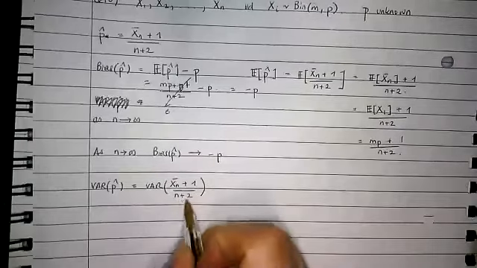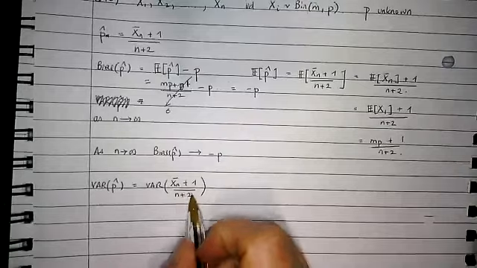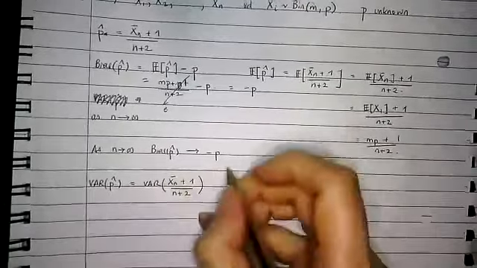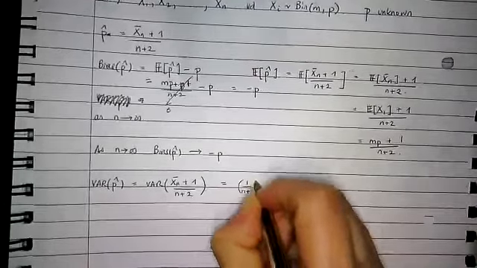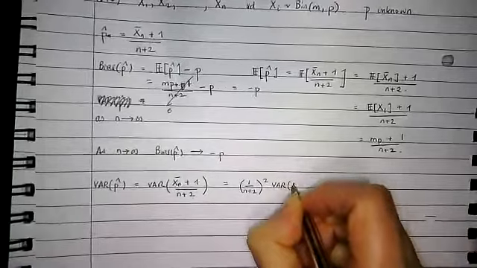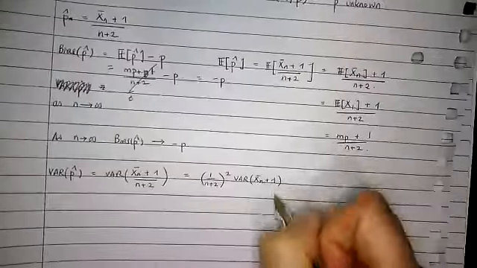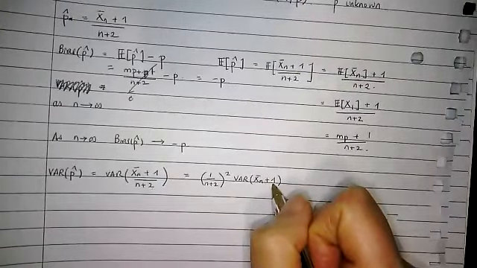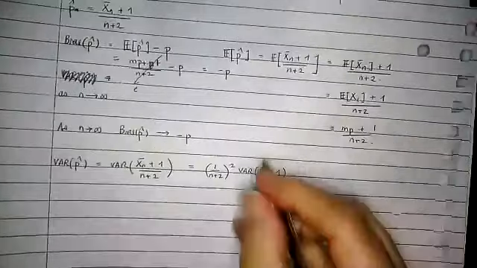I'm multiplying by a constant, 1 divided by n plus 2, and if I want to move that outside the variance, I need to square it. The variance of a constant is 0, so I can get rid of that term.